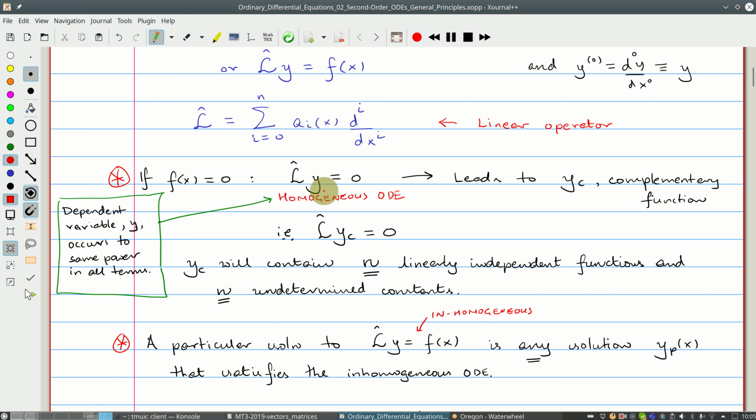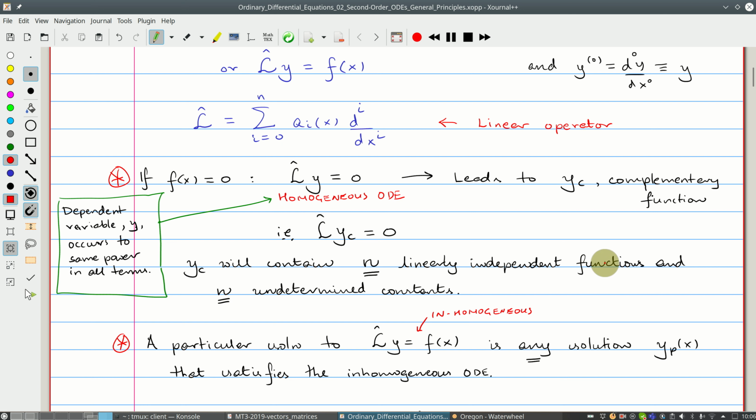So when you solve this homogeneous equation, we've already seen this, it leads to the complementary function y_c, the c indicating that it's a complementary function. That means the operator L operates on y_c to give you 0. Now y_c will contain n linearly independent functions.